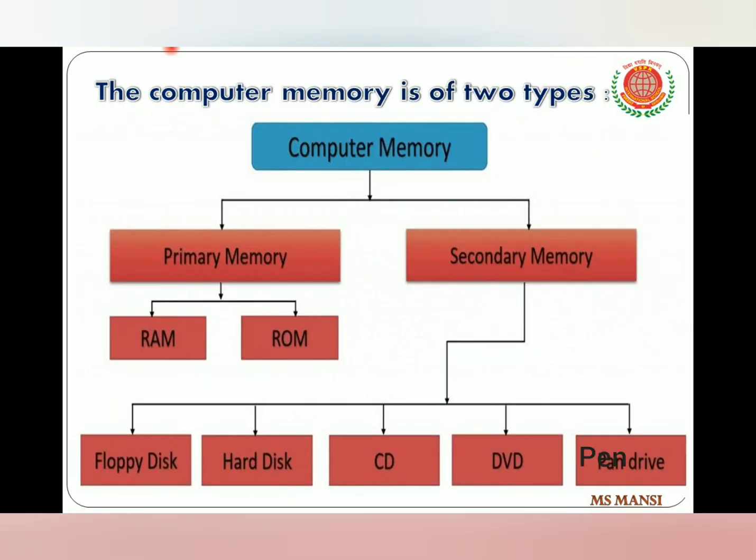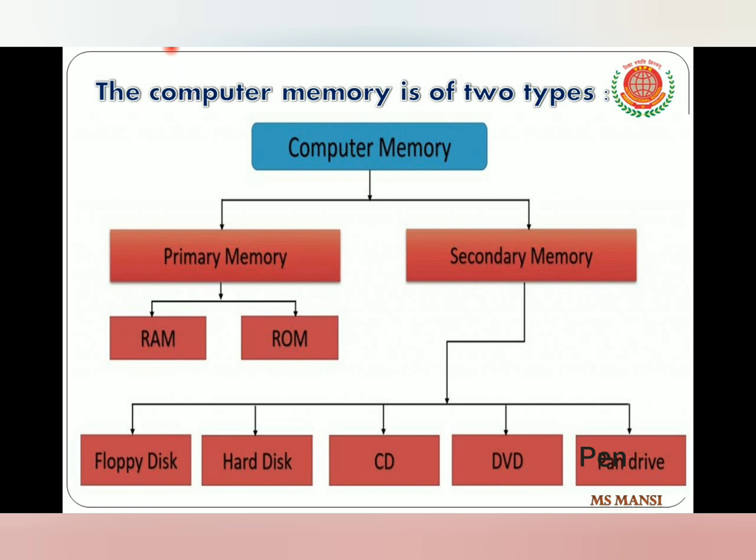Students, this is the flow chart of computer memory. Computer memory is of two types. First is primary memory and second is secondary memory. Primary memory is of two types.